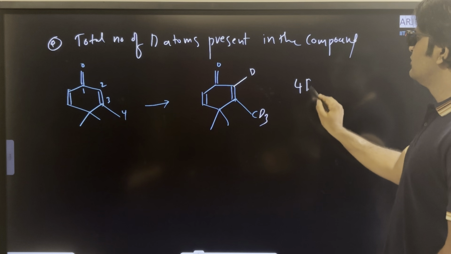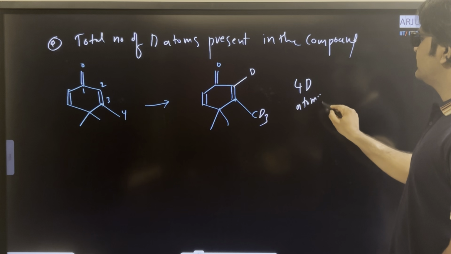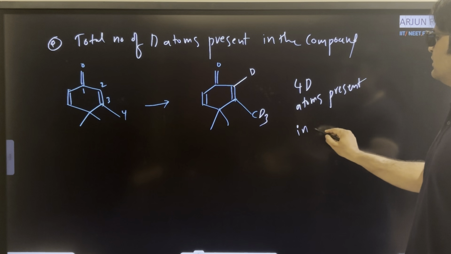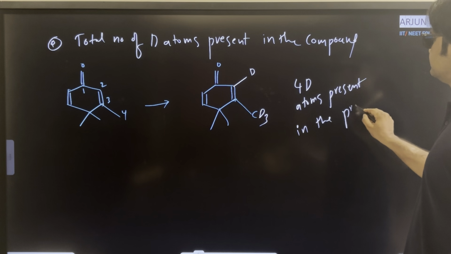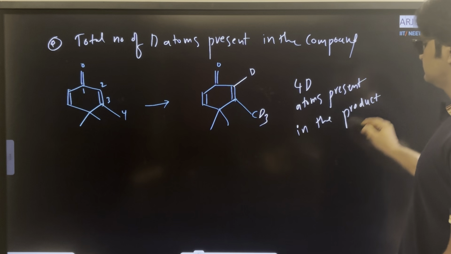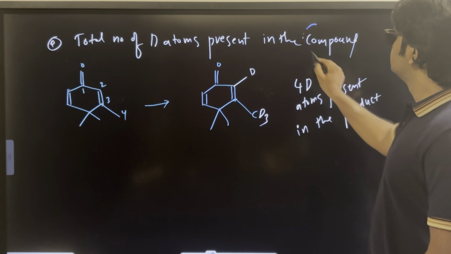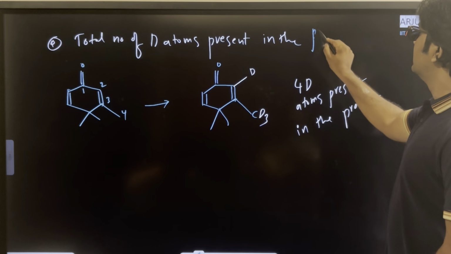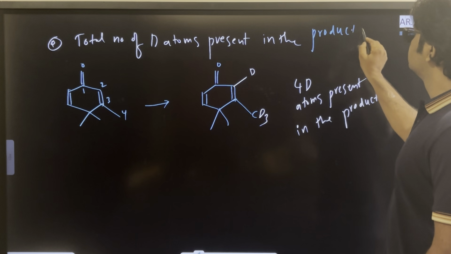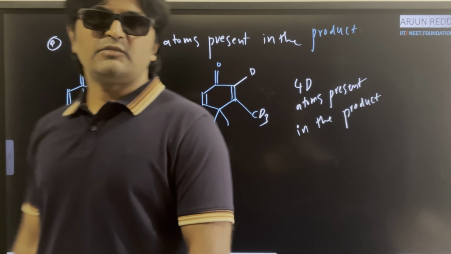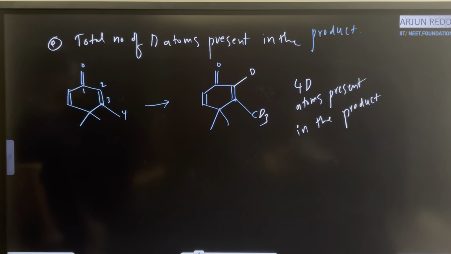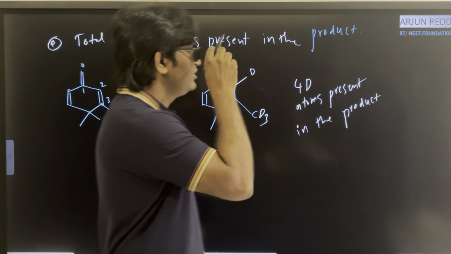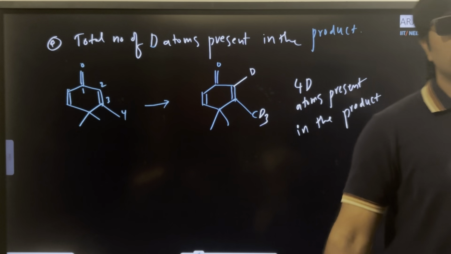What is the answer? 4 deuterium atoms present in the product. Question: total number of deuterium atoms present in the product. How many deuterium atoms are there? 4 deuterium atoms are present in the compound.